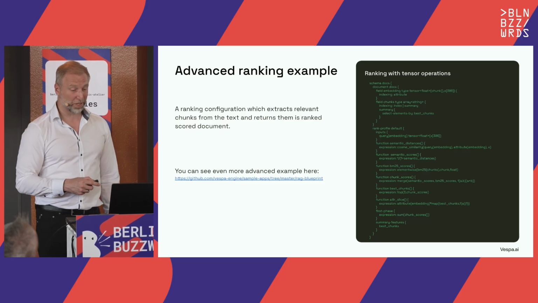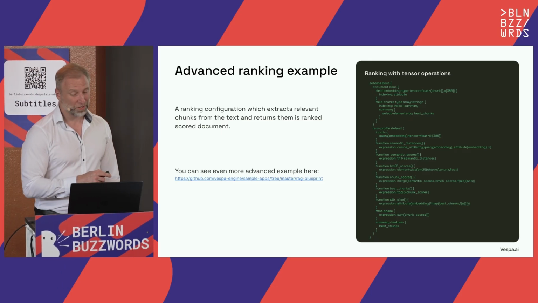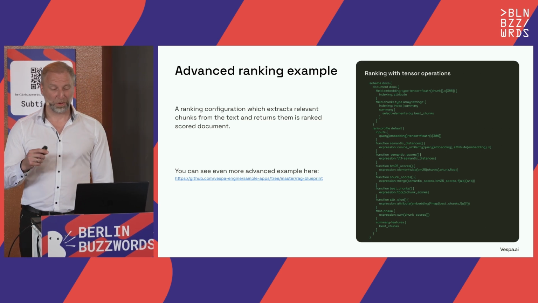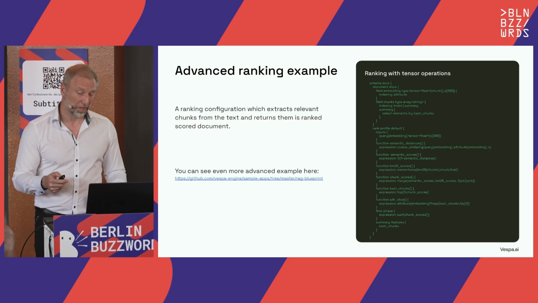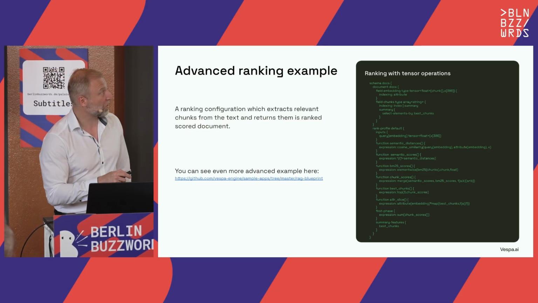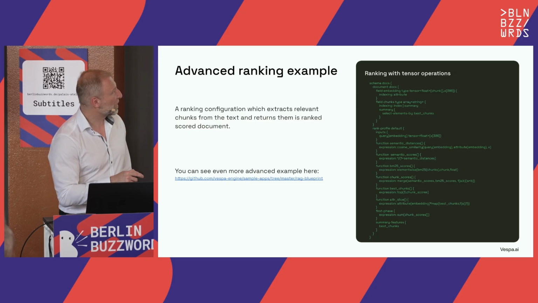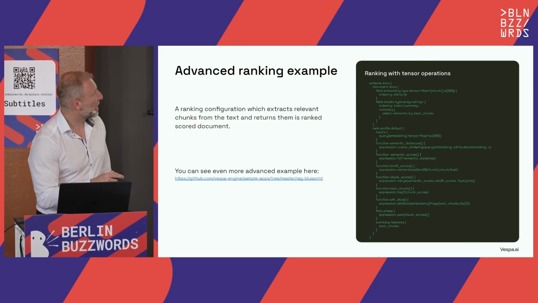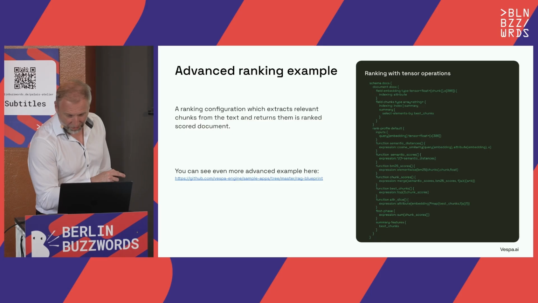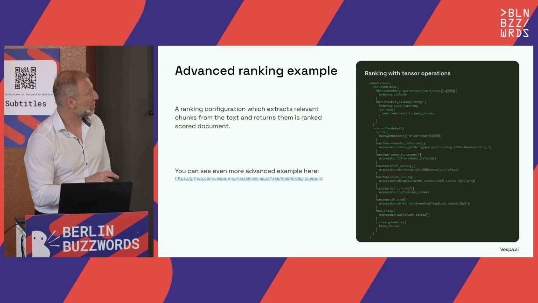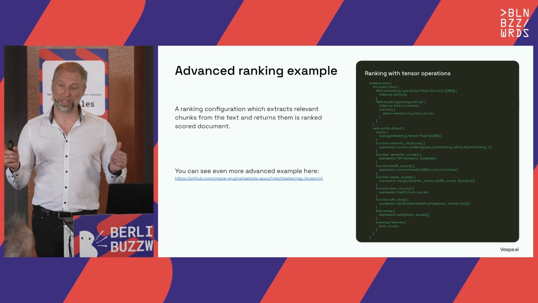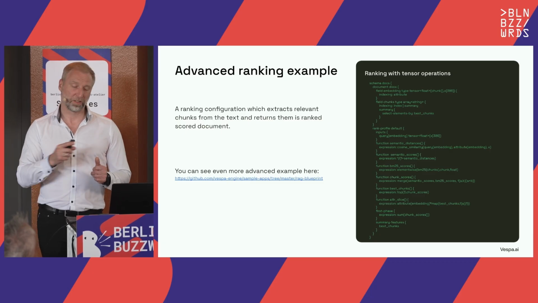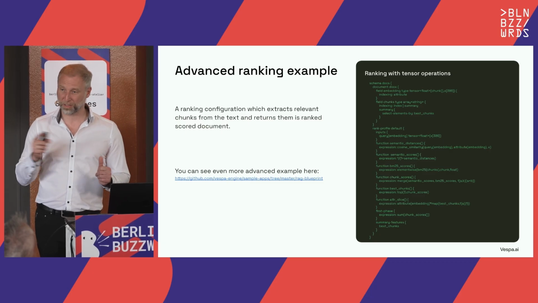And this is the last thing which I'm showing today. This is an example of how you can treat chunking. I'm not saying that this chunking is the perfect way, but focus on what happens here in tensor operations. So we have tensors per chunk, and then we have a chunk array. And what we do here, we calculate BM25 automatically with one expression for each chunk, then scoring per chunk, the distance, then scoring for each chunk.